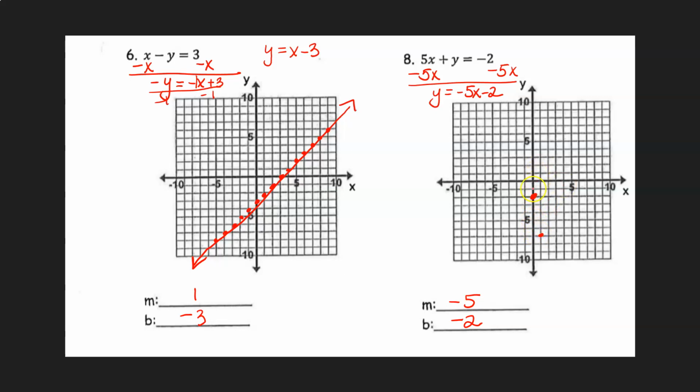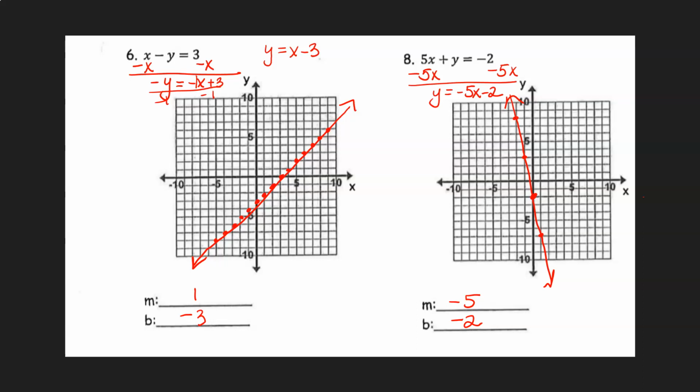Can't go any further, so I'm going to go up 5, left 1. There we go. All right, I think that's it for graphing. I think we're moving on to something else now.